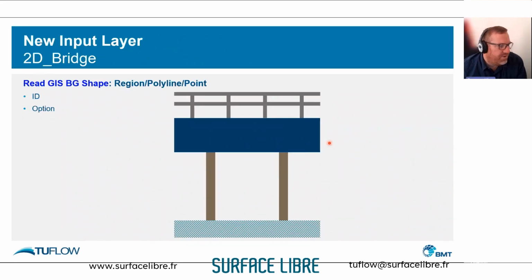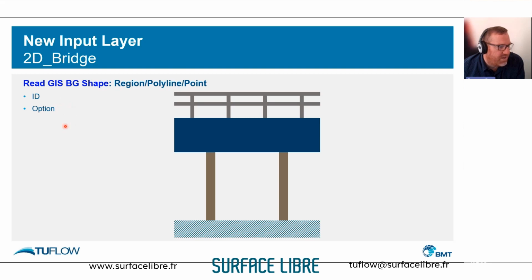But what we also did was, rather than using a layered flow constriction layer, we actually set up a new 2D bridge layer. So this is a slightly different layer to the layered flow constriction. It's got some similarities. We specify our ID.